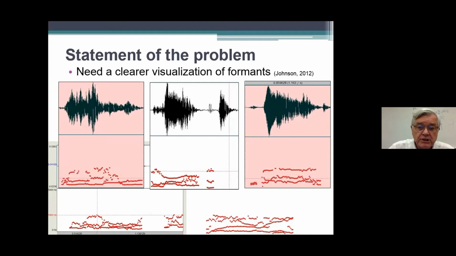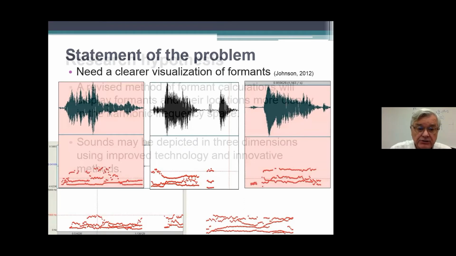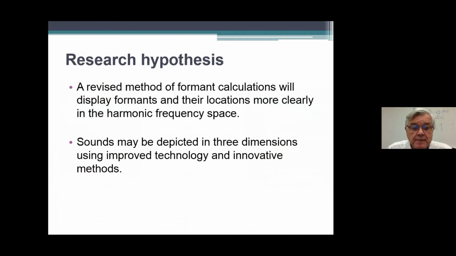Originally our research, which was begun over 7 years ago, was designed to determine the energy levels of these formants. And so we said, well, a revised method of formant calculations will display formants and their locations more clearly in the harmonic frequency space.